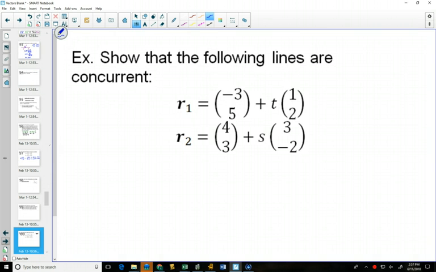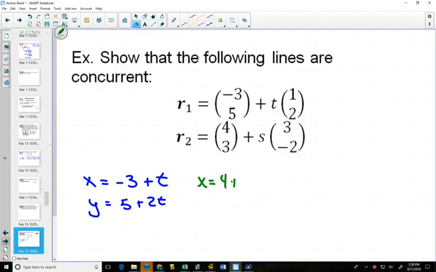So in 2 dimensions here, my 2 parametric equations, for my one line, I'll get -3 plus t and 5 plus 2t. For my second line, I will get 4 plus 3s for x and 3 minus 2s for y.